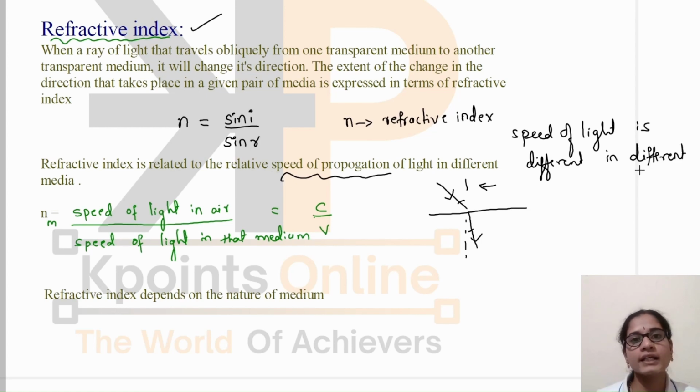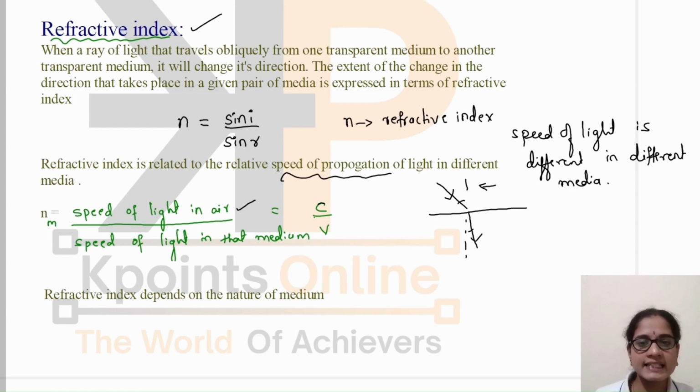This is the reason why refraction takes place. Because of this, the refractive index is related to the speed of light, and it is related in this way: the refractive index of any medium is equal to the ratio of the speed of light in air to the speed of light in that medium.